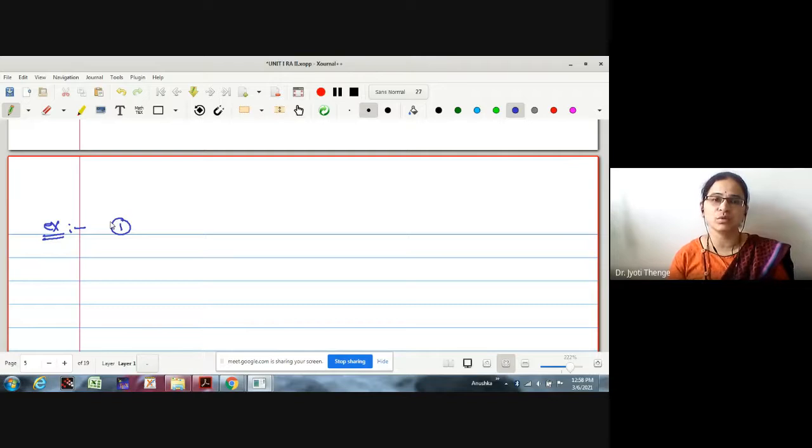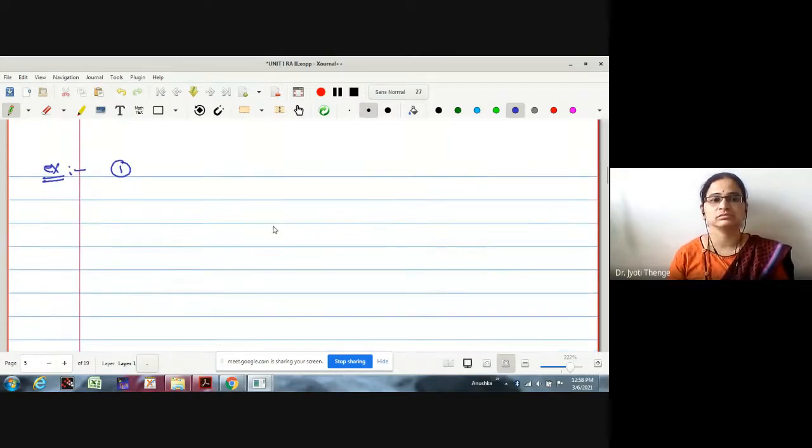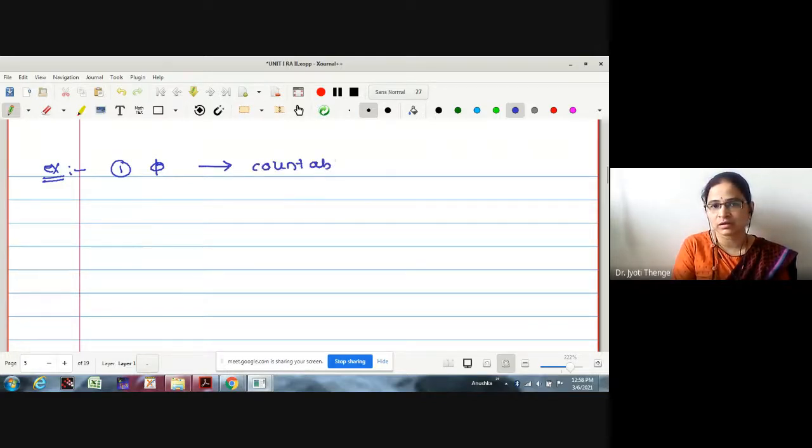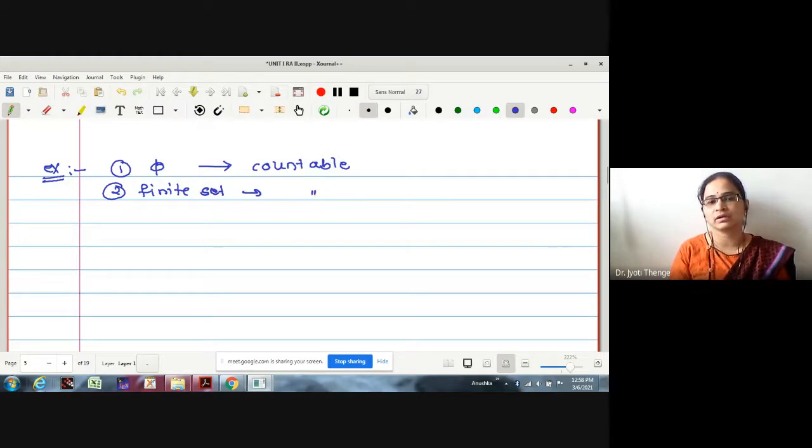Countable, not countable, both you have to tell me. First, let us make clear: every empty set is countable. Second, every finite set is also countable. Can anyone tell me other examples of countable sets, not countable sets?